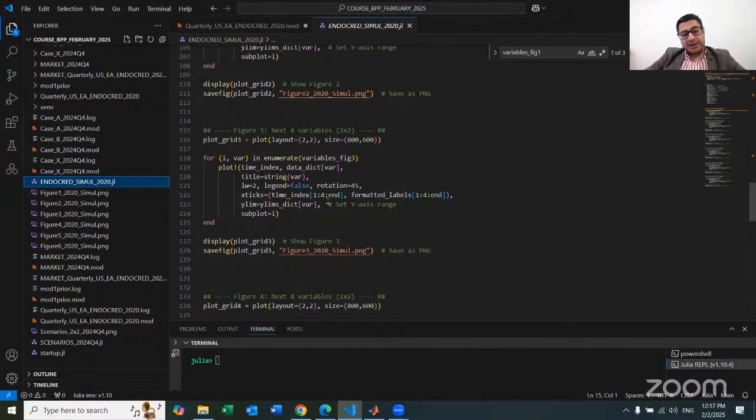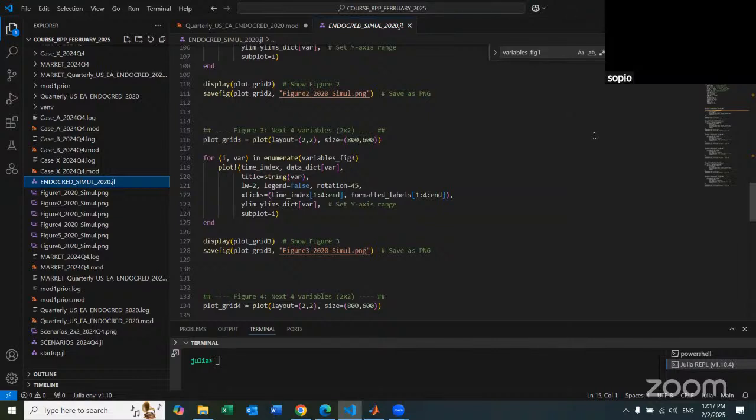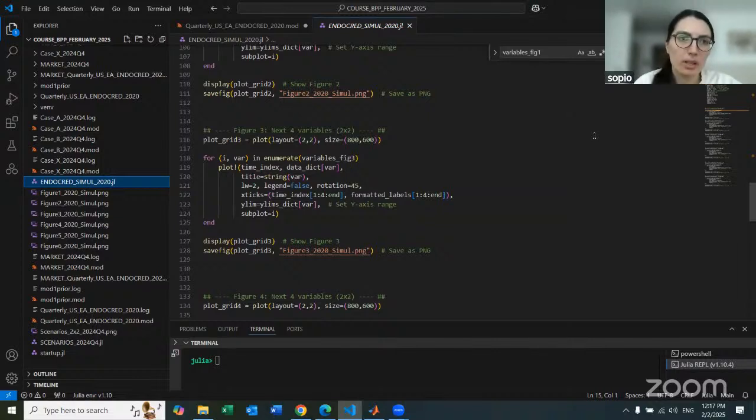But in some cases, we got problems in installing PATH solver. For example, in Sophie's case, Sophie, did you try again? Yes, I tried also, Asia helped me to run some other code to solve this problem, but yeah, I wasn't able.